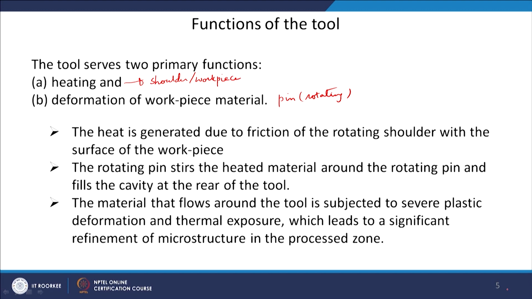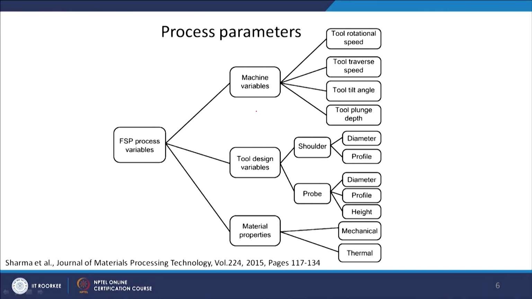I have already told you that all this stirring at high temperature will refine the microstructure. Now, what are the process parameters that affect the microstructure and, obviously, the properties? You can categorize them into three variables.